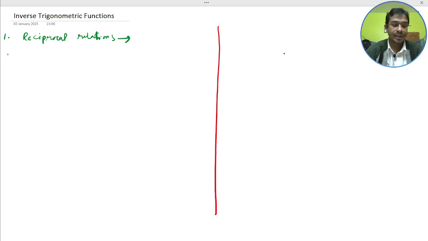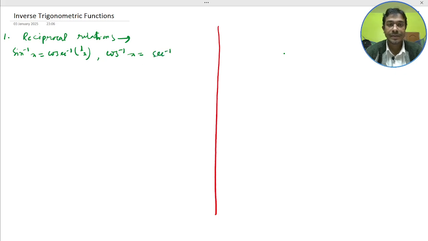The reciprocal relations: sin inverse x is equal to cosec inverse 1 by x, and cos inverse x is equal to sec inverse 1 by x.